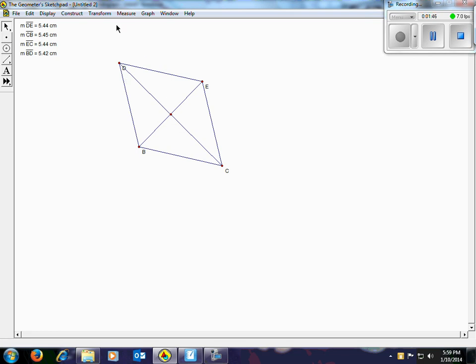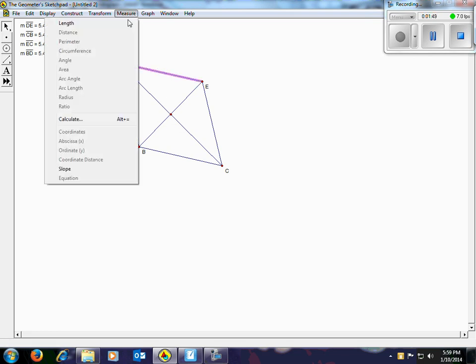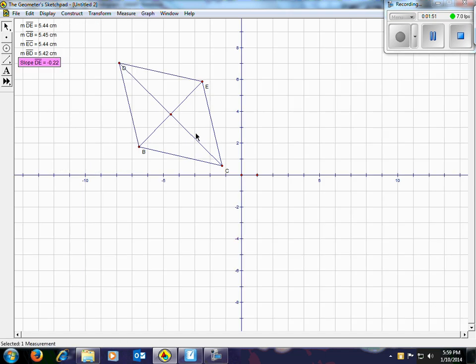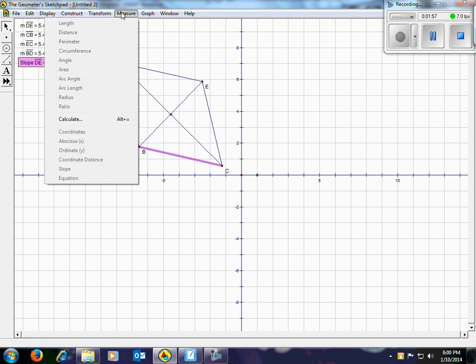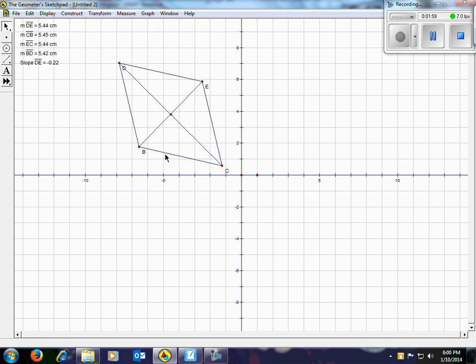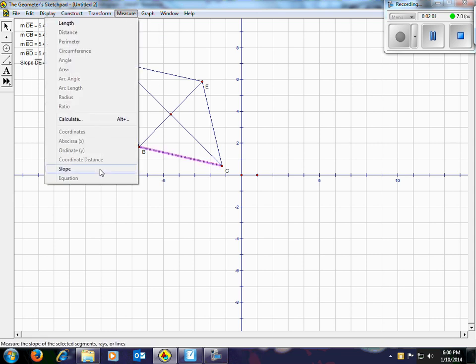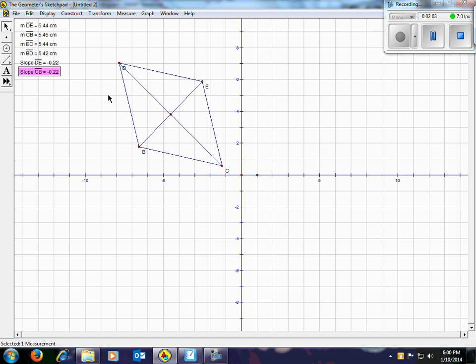The last thing I need to know is slope. So I'm going to measure the slope of all of these lines. So DE has a negative 0.22 slope. BC, which should be parallel, has a negative 0.22 slope.